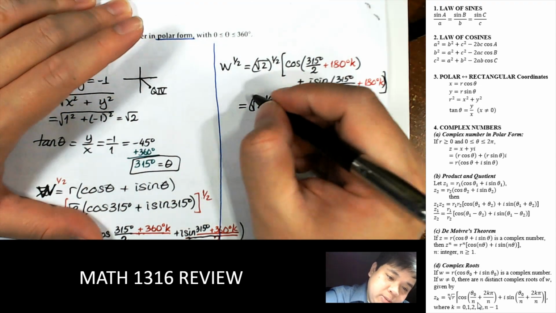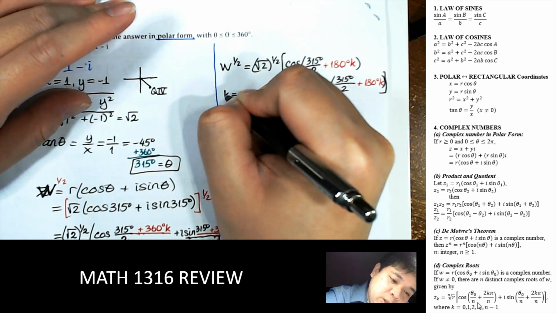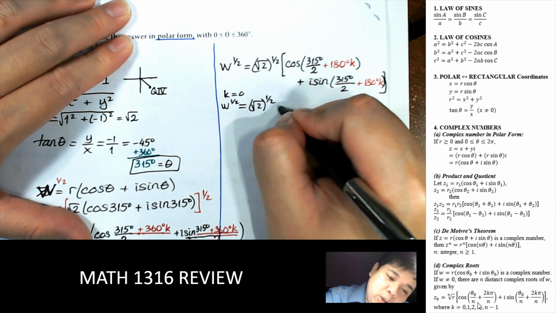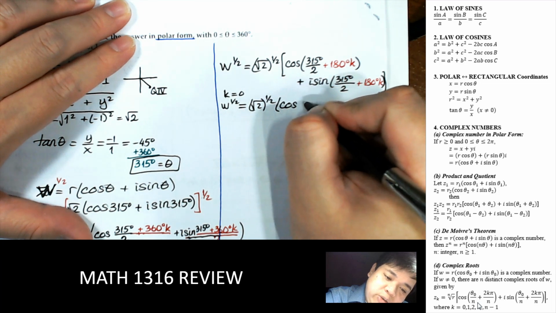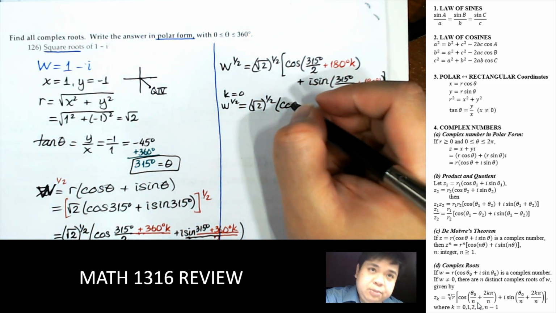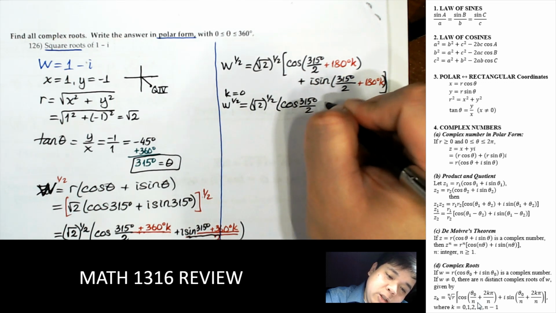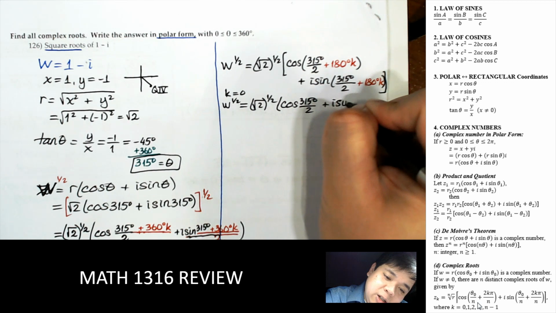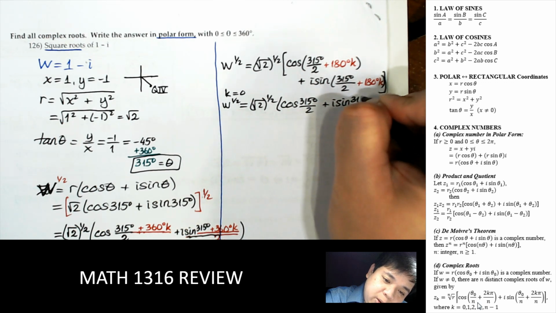So when k equals 0, one of the roots is equal to cosine of 315 divided by 2 plus I sine of 315 divided by 2.